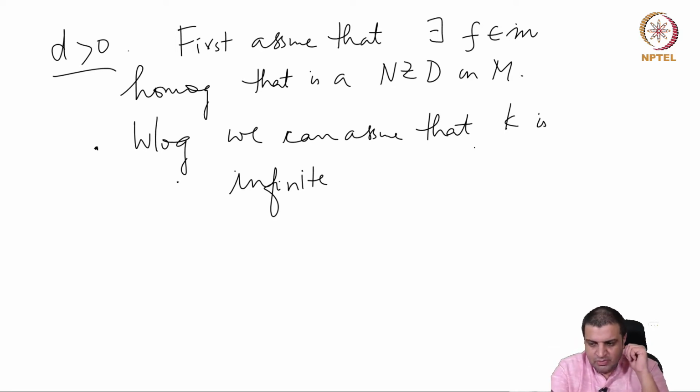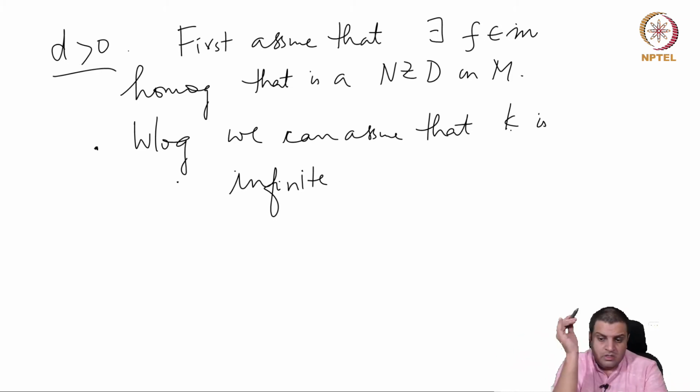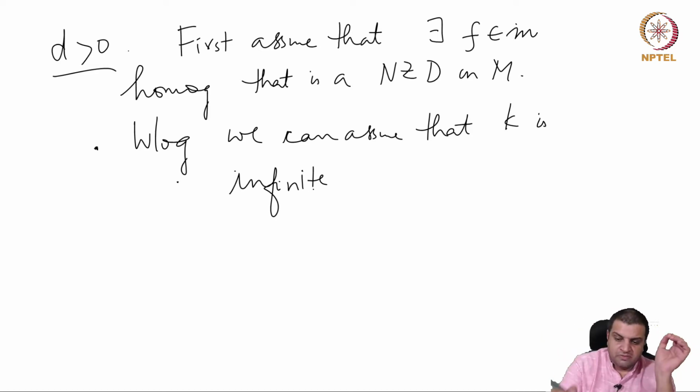With a similar sort of argument, when we study Hilbert functions, etc., we can always replace K by K bar, for instance, and assume that it is infinite. Not all problems are okay where you replace K by K bar. There may be other ways where one has to replace and still get infinite. There are various techniques, but in this particular case, we can just take K equal to K bar.